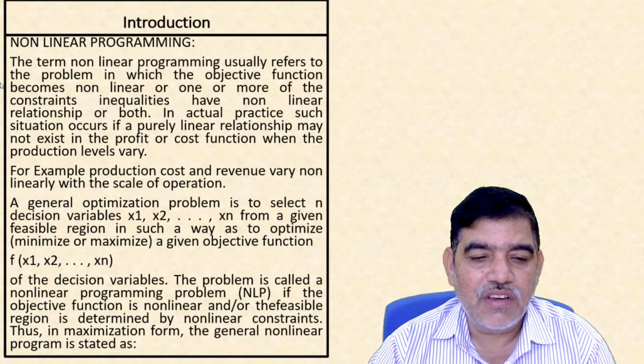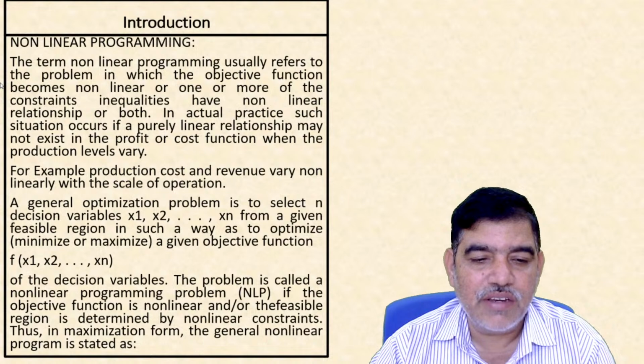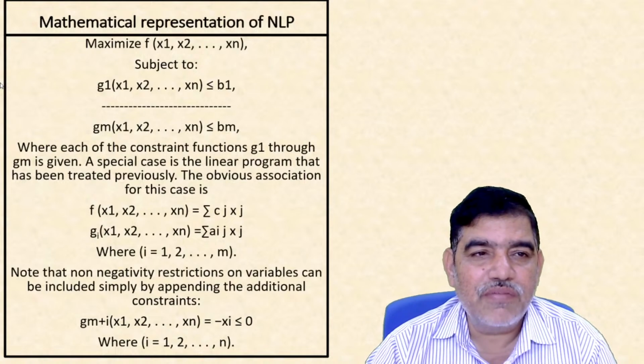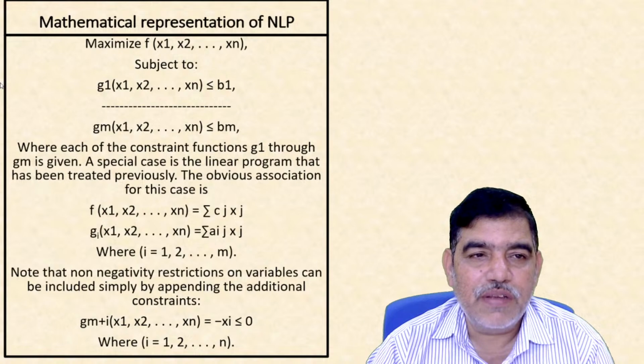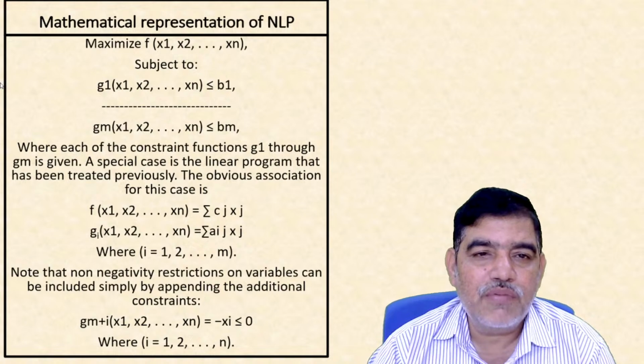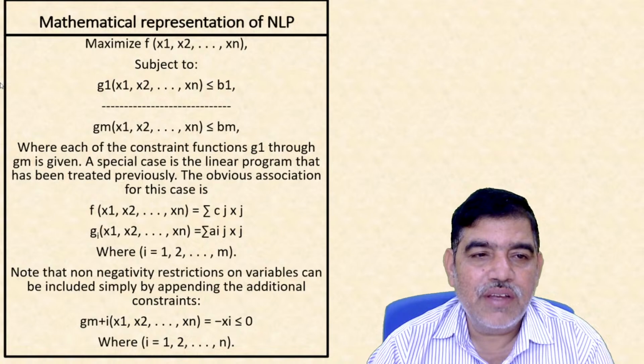If the objective function is non-linear and/or the feasible region is determined by non-linear constraints, then in maximization form, the general non-linear program is stated as follows. It is a general form, the mathematical representation of the NLP. That is, maximize f of x1, x2 up to xn subject to g1 of x1, x2 up to xn less than or equal to b1.